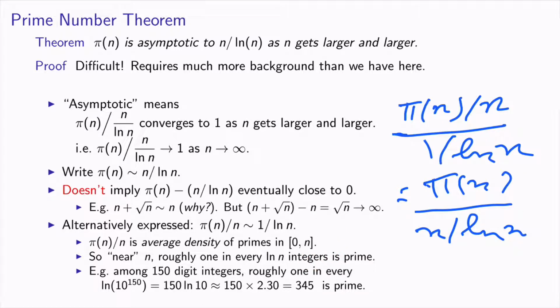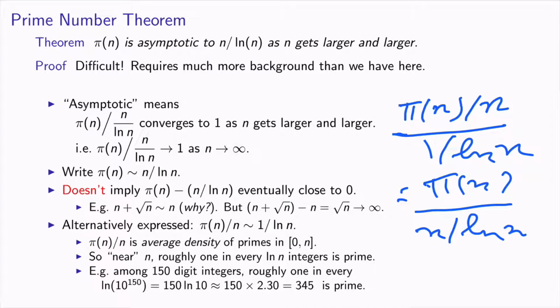So this is saying that for very large n, the average density of primes is like 1 over log n. Or another way of putting it is that near n, roughly 1 in every log n integers is prime.